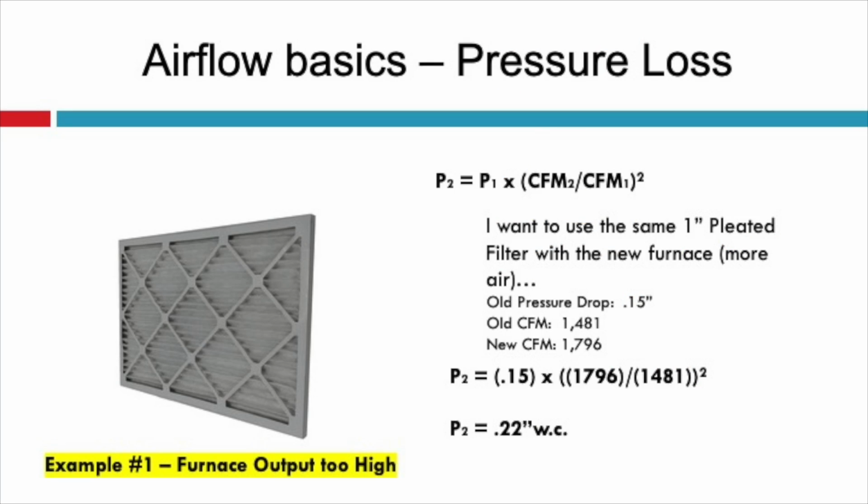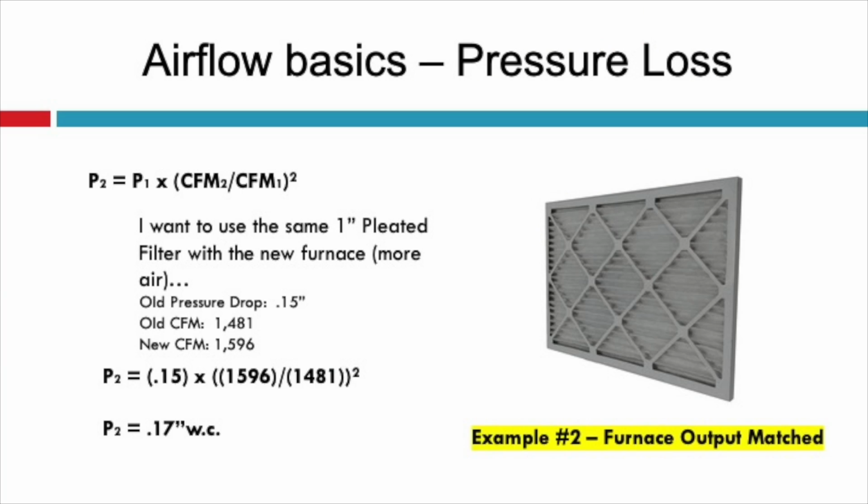If we measured the pressure drop across that 1-inch filter with the old furnace running at 1,481 CFM, and we had a pressure drop across that filter of 0.15, of course it would be minus 0.15, it's an absolute number, we can plug that into the same equation and see that we're only going to get about a 0.22 pressure loss across that 1-inch filter with the oversized furnace with the output that's too high, right? That 97,000 BTU output furnace.